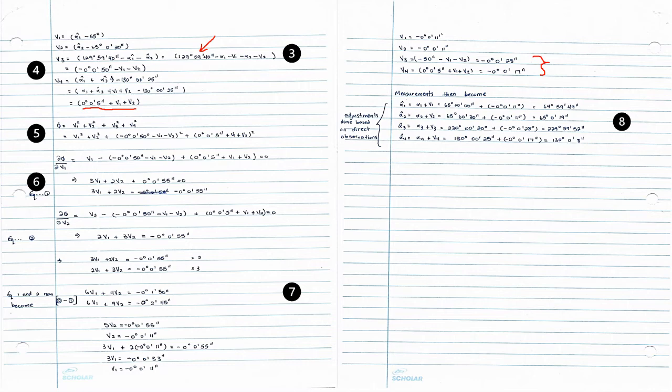We now have nu 1, 2, 3, and 4 in terms of 1 and 2 only. There are 2 condition equations and 2 variables. Substituting into the least squares criterion results in an equation with only 2 variables, seen in step 5.